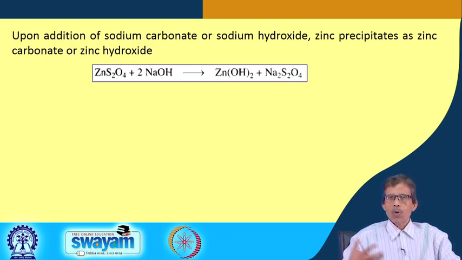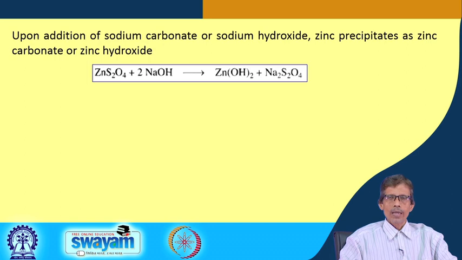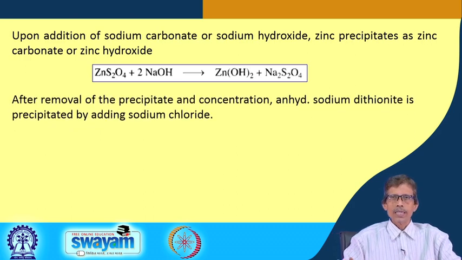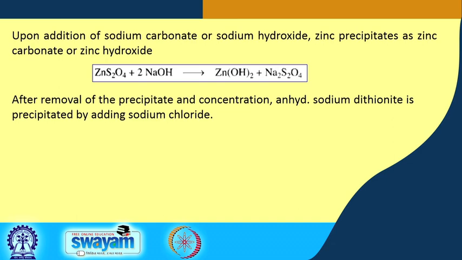That is why most of the time we use sodium dithionite for practical purposes, because its aqueous solubility is greater, and also there is some concern for the use of the zinc salt compared to the sodium salt. So, if you remove this precipitate, either the carbonate precipitate or the hydroxide precipitate, what remains is the sodium dithionite solution.